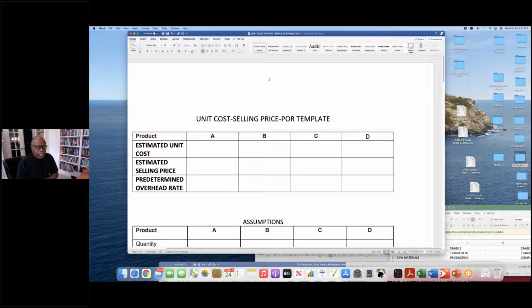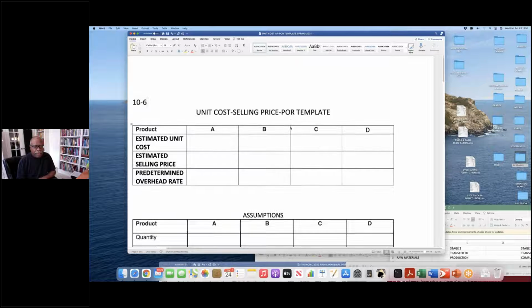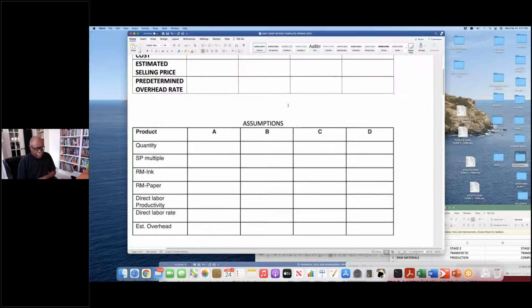Since he's ready for his points and everything, we'll just start on 10-6 and do that first. How does that sound? So McCaskill is first going to tell us the assumptions. What's the quantity that we want to produce?